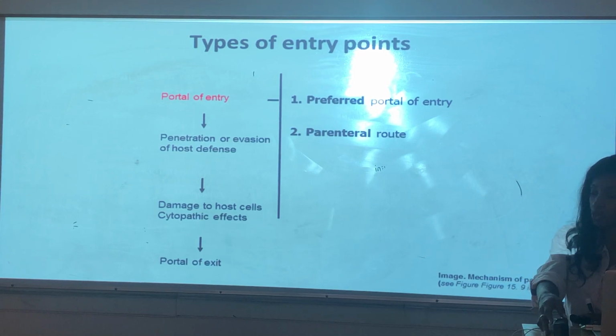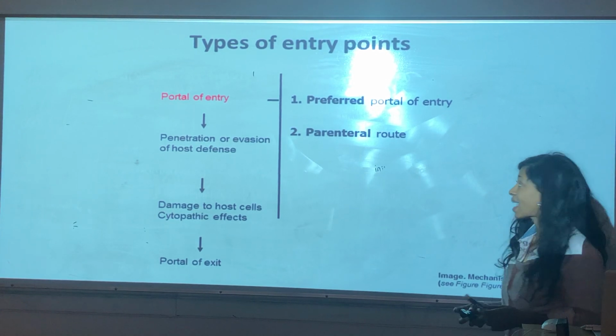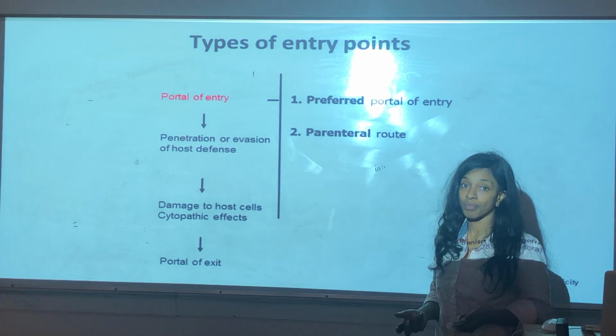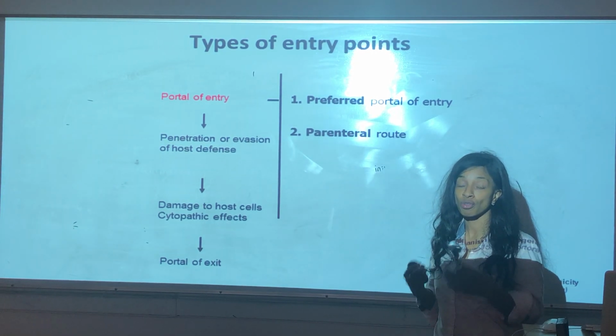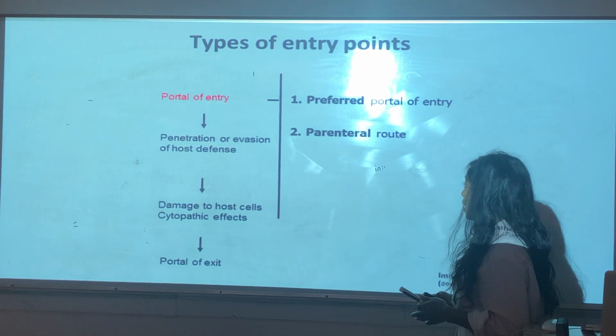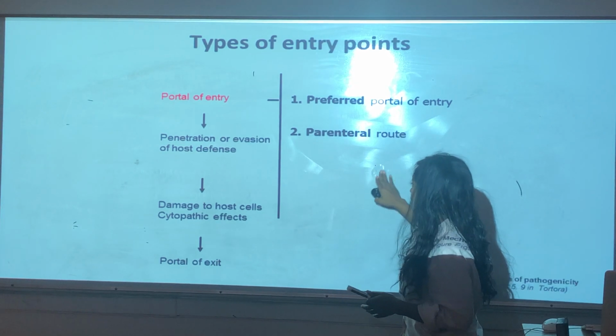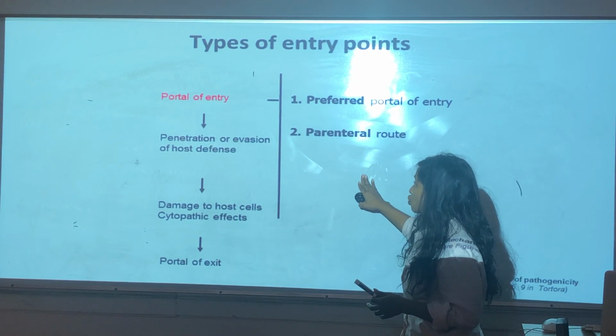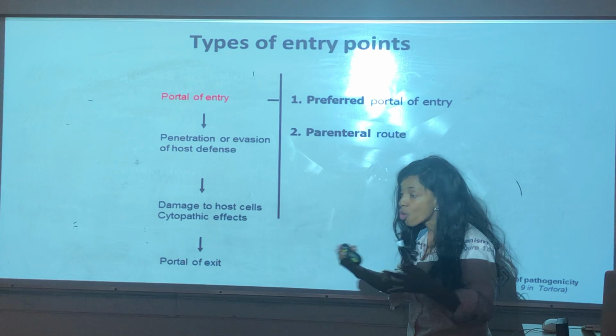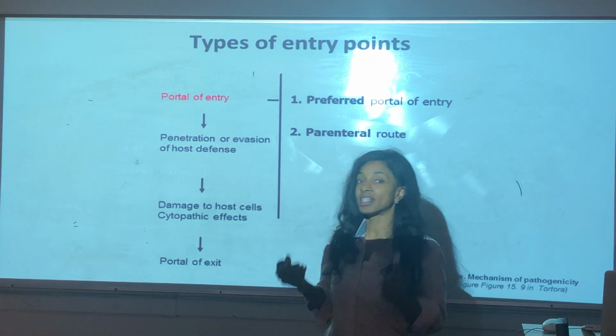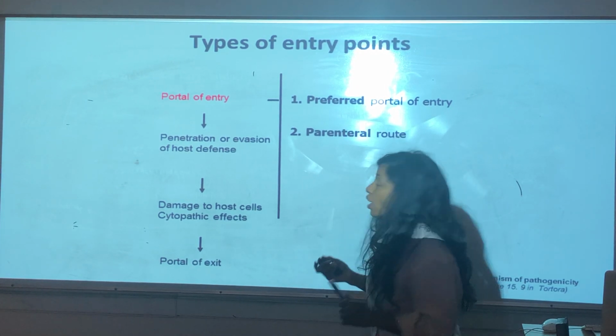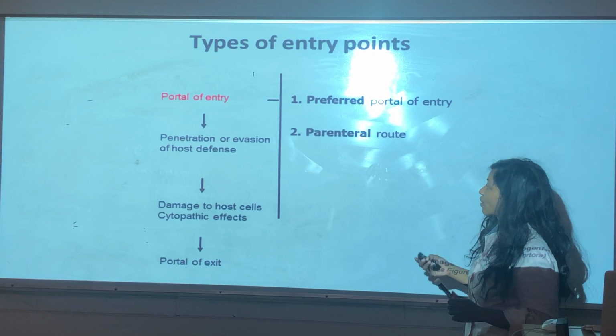So remember, one of the most important things is attachment, and attachment is not anywhere. Each cell has its specific area of attachment, and we are now going to separate these attachment sites into the preferred and parenteral portal of entry.